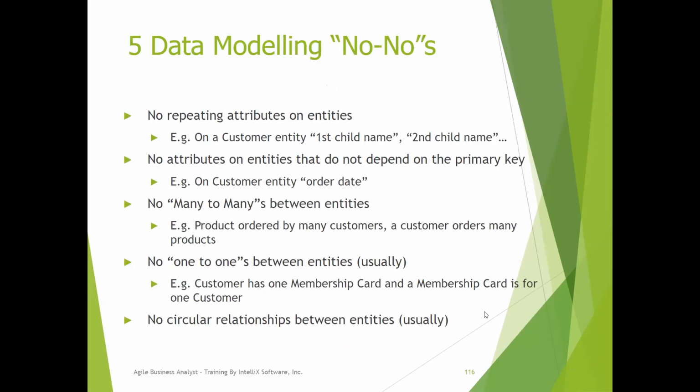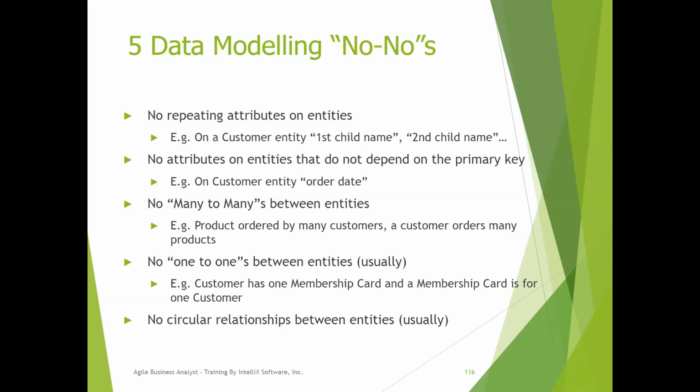Now, what are the things that you need to think about when you do the data model, right? There are 5 aspects when you're doing a data model that you should avoid. The first thing is don't repeat an attribute in an entity. If I have a customer or a patient, and as part of that patient I'm capturing the family information, they may have multiple kids.